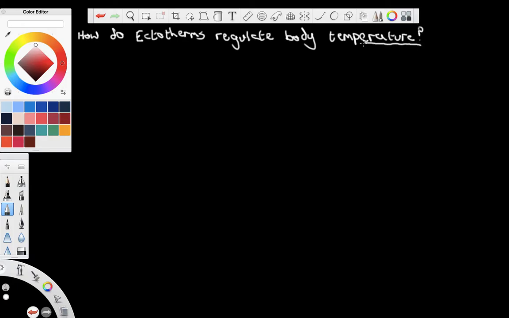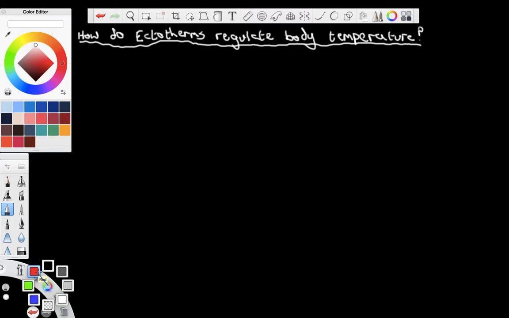Now, just like any other organisms, ectotherms also have a metabolism which is regulated by enzymes. Therefore, they cannot just let their body temperature go really, really hot or really, really cold, because the enzymes that control these reactions will no longer work.